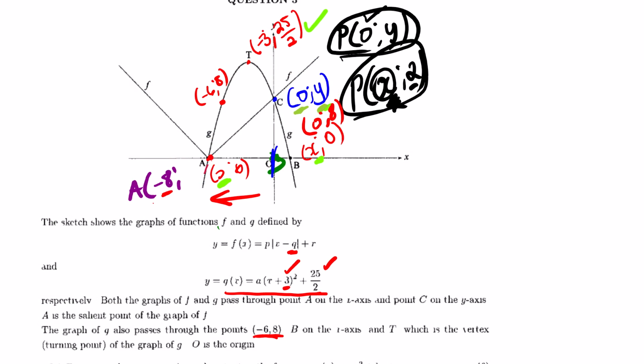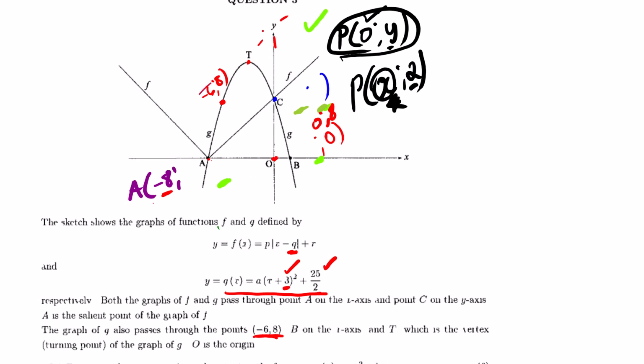Let us get rid of everything here. So we are actually looking for the x values where the two graphs are on the positive side of the y-axis.